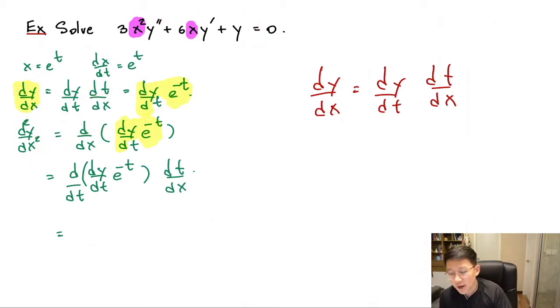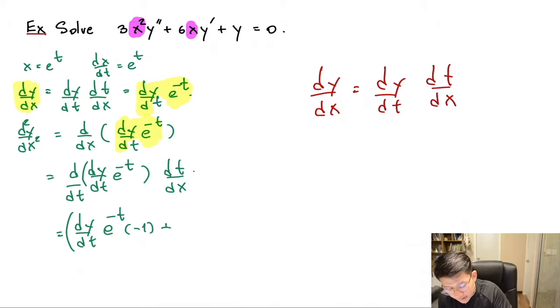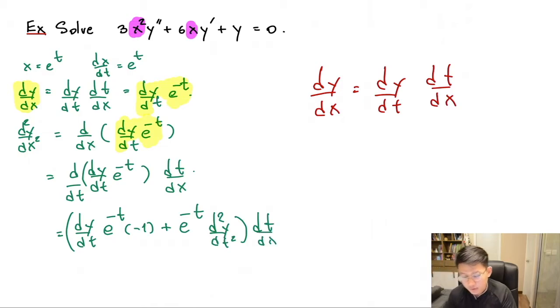So what you have here is the derivative of uv, and that would be u dv, which is e to the minus t, and then you get minus 1, plus v, which is e to the minus t, du would be the second derivative, and dt by dx. But guys, dt by dx is again e to the minus t.